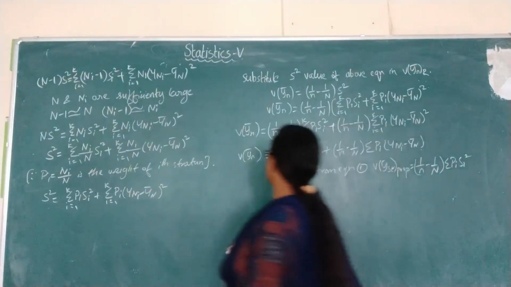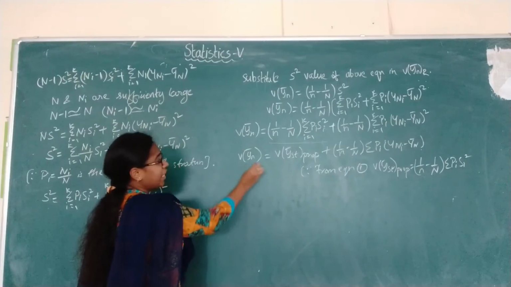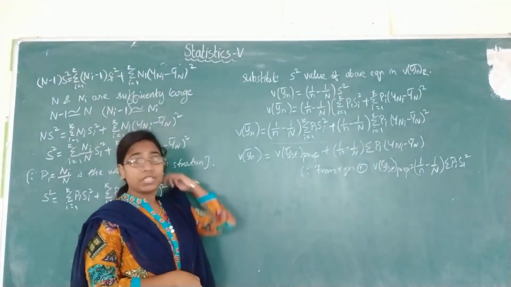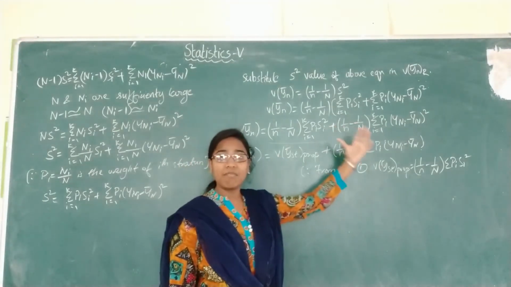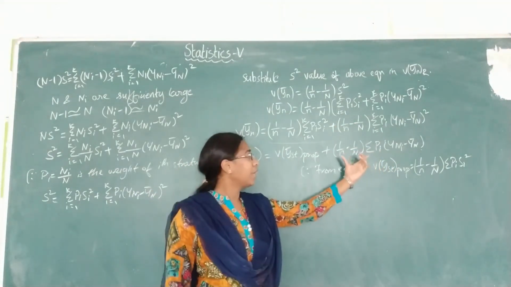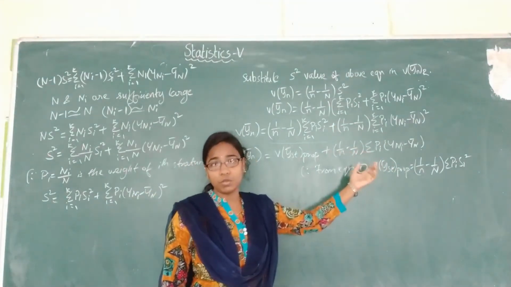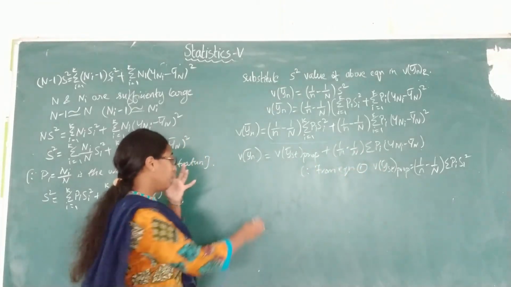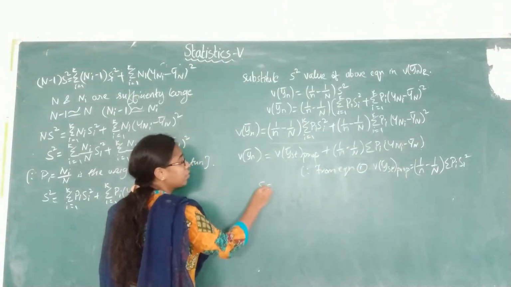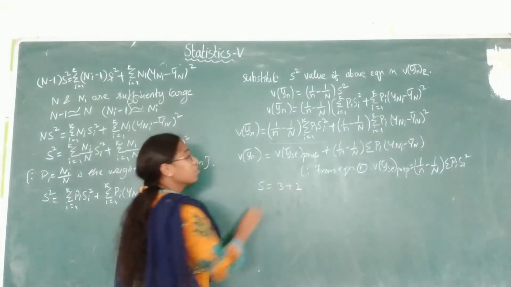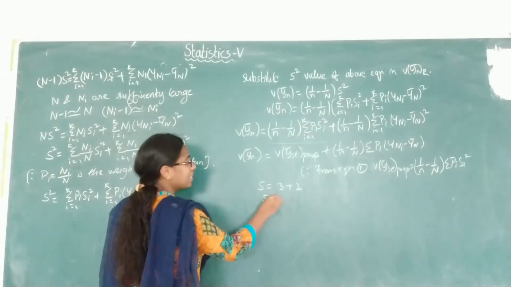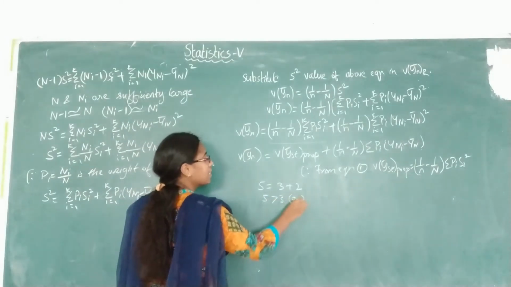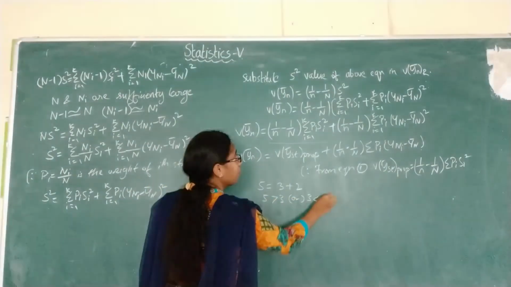Now what is the condition we got? Variance of y bar n equals variance of proportional allocation plus some value. It is some value, right? When it is all positive values only. So suppose 5 equals 3 plus 2. What can we say? That 5 is greater than 3, or you can say 3 is less than 5.